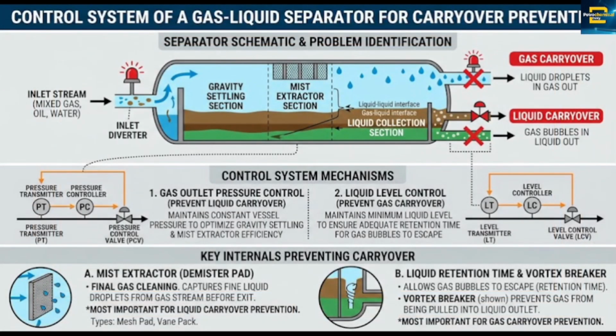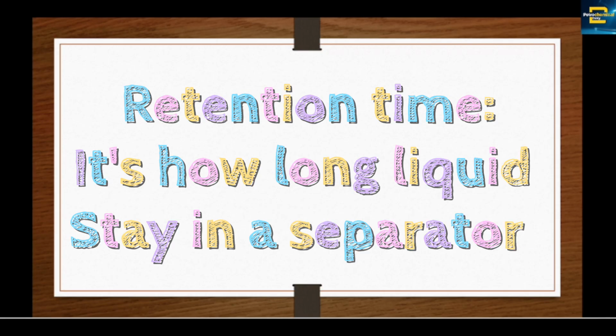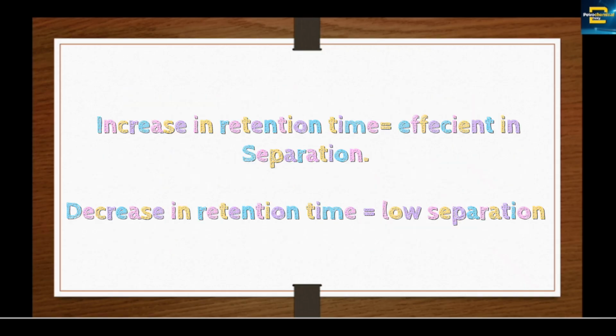Another thing you have to know is what we call retention time. It is how long liquid stays inside the separator. If it stays a longer time, it will help to separate the liquid more. We have efficient separation.